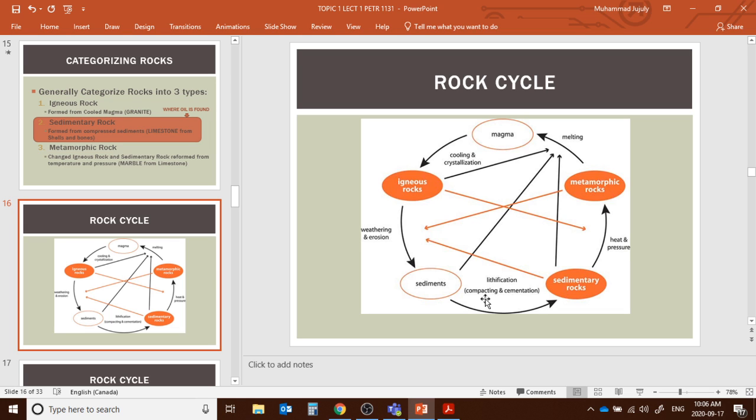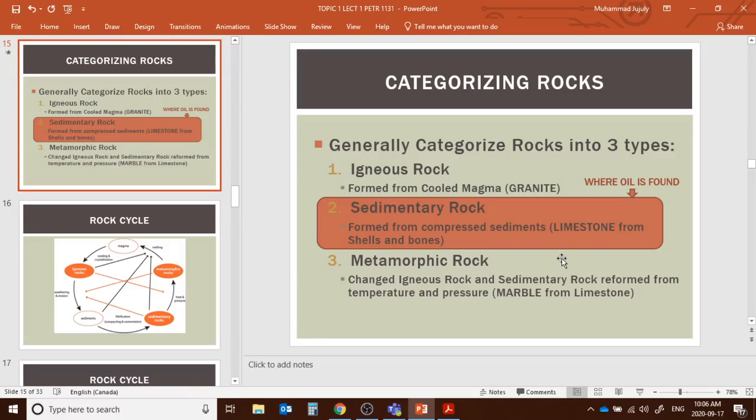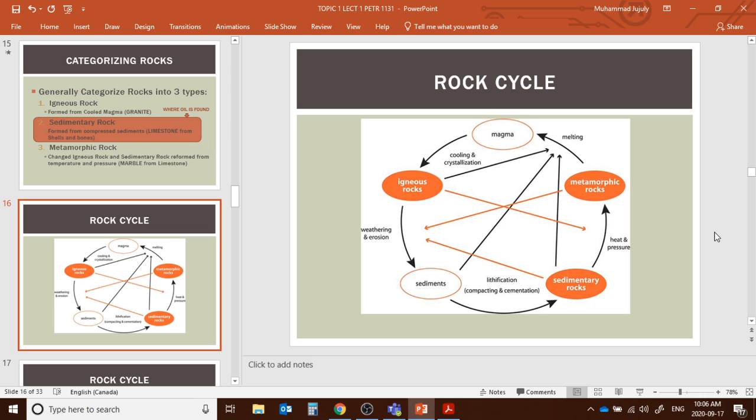These sediments will be under pressure, and they would compact and cement. That happens naturally, and that would create a type of rock, which we call sedimentary rock. And why are we interested in sedimentary rock? Because oil is found in this type of rock. So that's why we're more interested in sedimentary types of rock.